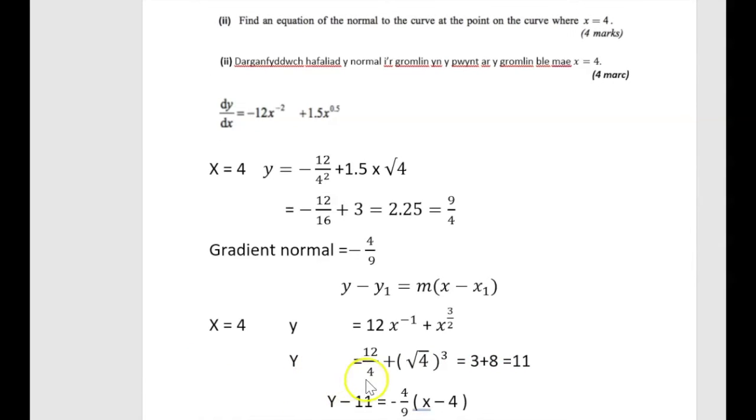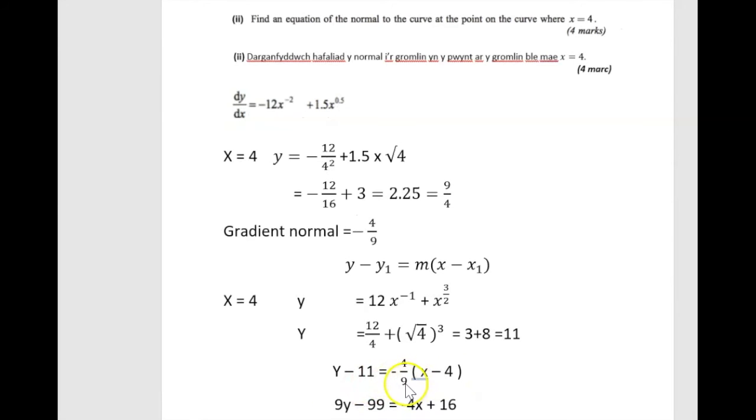Let's sub (4, 11) into the equation y minus y1 equals m(x minus x1), and the gradient is minus 4/9. So y minus 11 equals minus 4/9 (x minus 4).